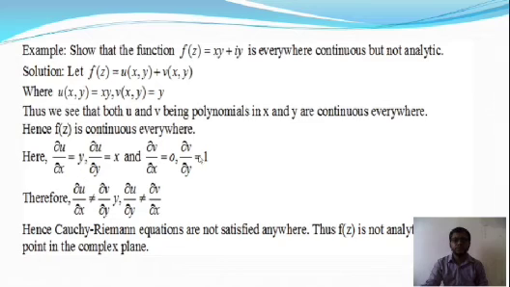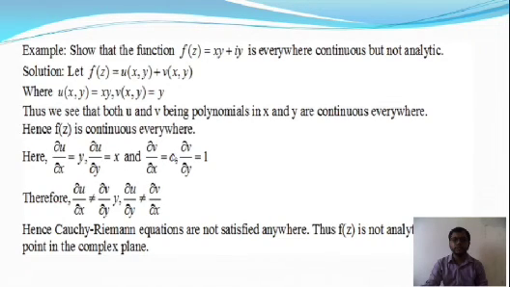So from this we get del u del x is not equal to del v del y, and del u del y is not equal to del v del x. These conditions are satisfied only if y is equal to 1 and x is equal to 0.